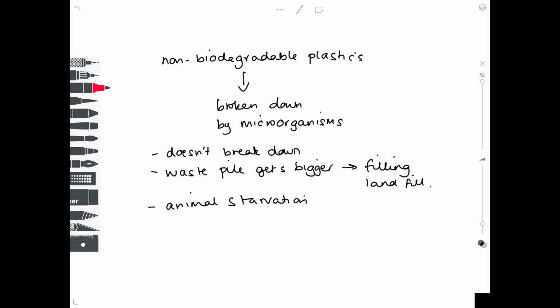If the plastics get into the rivers, then they'll harm the fish. It will also clog up sewers and drains, meaning that flooding may occur, and it's generally really ugly, so it's unsightly.